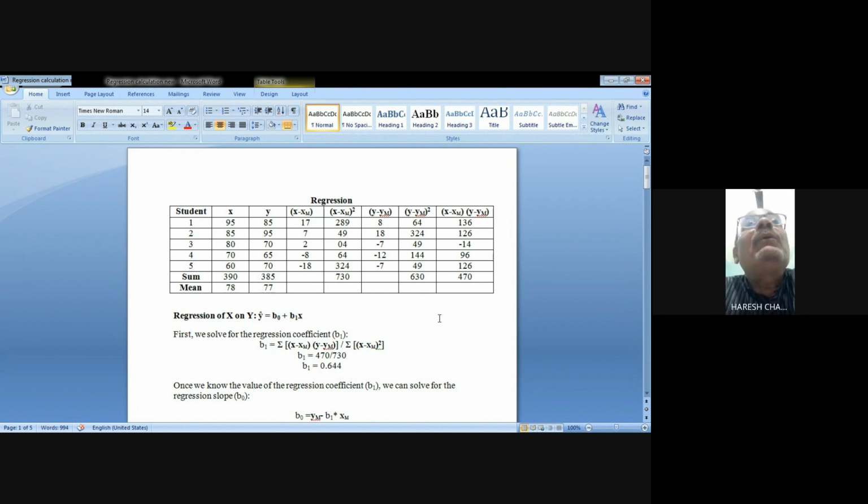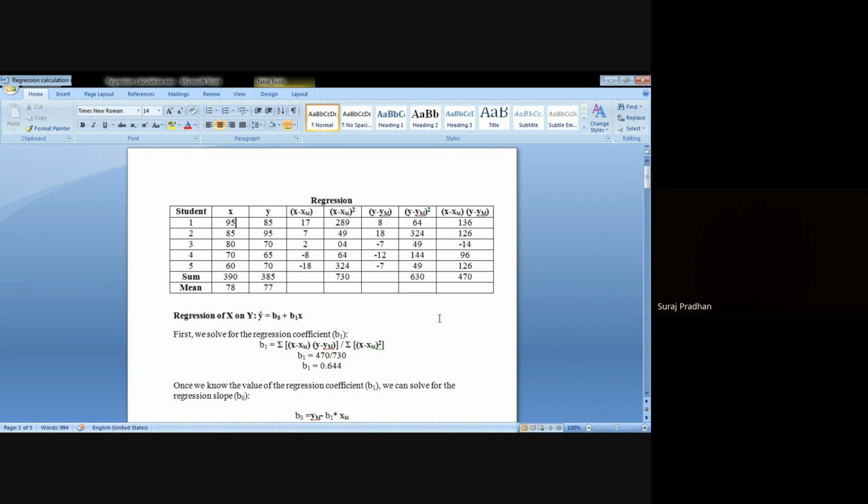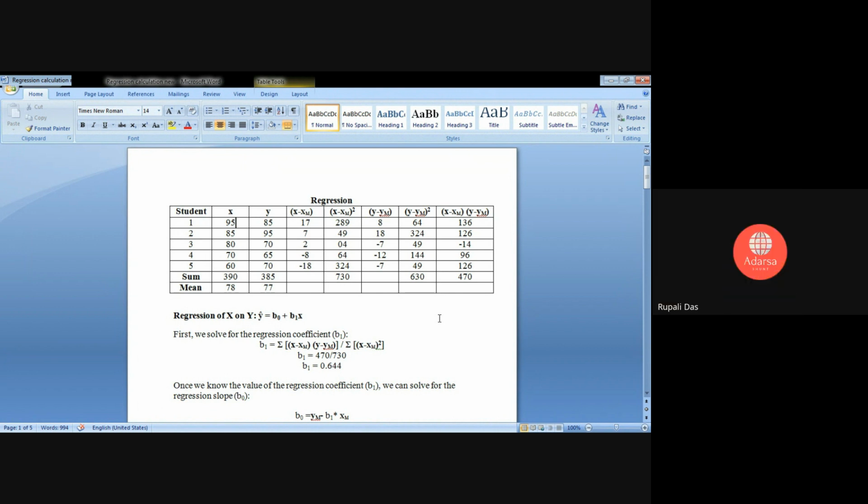Sir, not height with marks, but marks of two subjects. That is the common sense. The first one is mathematics mark, the second one is science mark. Now you have to find out to what extent mathematics marks can predict someone's science mark. That is the reason you are going for regression, linear regression.